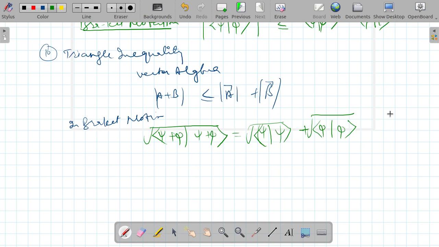So this is known as the triangle inequality in bracket notation.